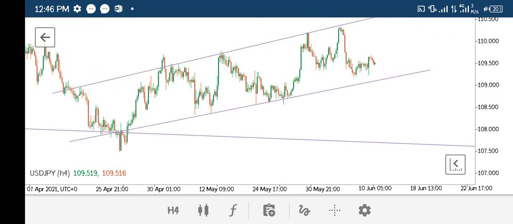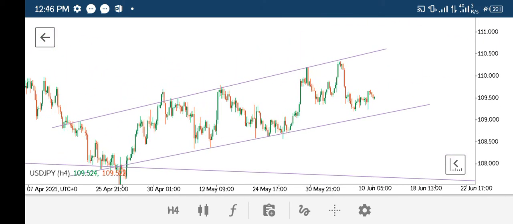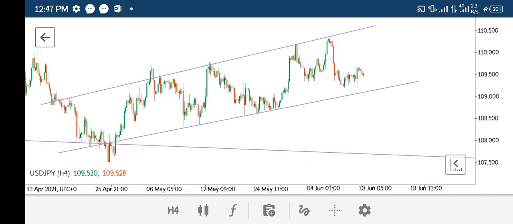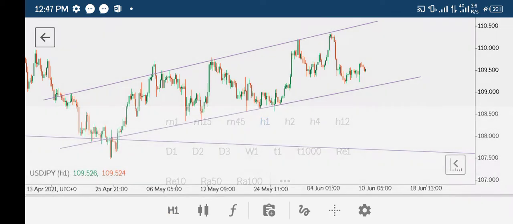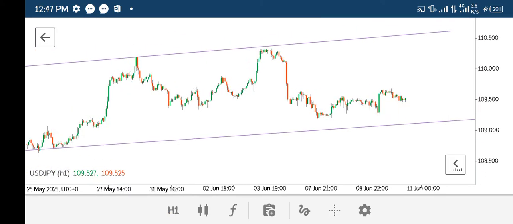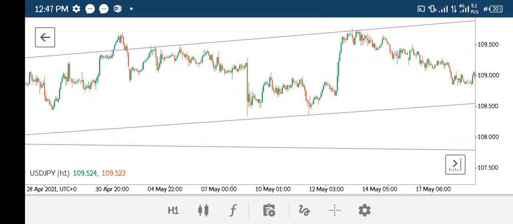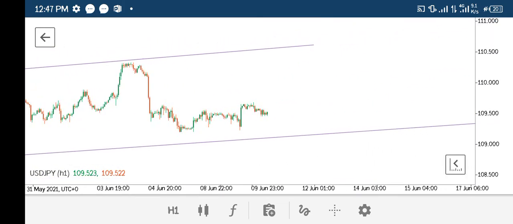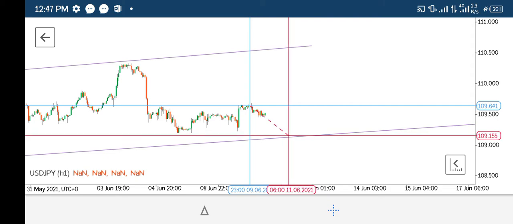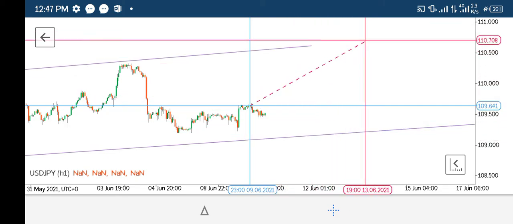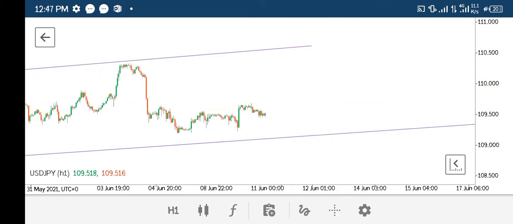All right, so this is how we analyze our trades from a high time frame to the lower time frame. We can still look at a 1-hour time frame. Let's see what we can see there. Okay, we can see the trend line here, here, here. So you expect the market to move down, and then before it begins to make a movement to the upside.